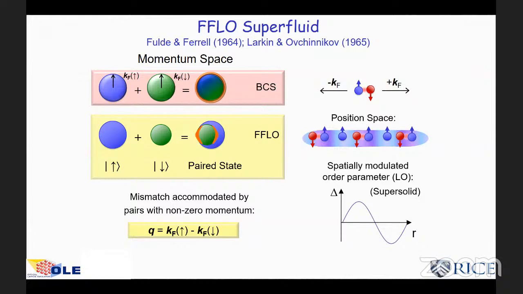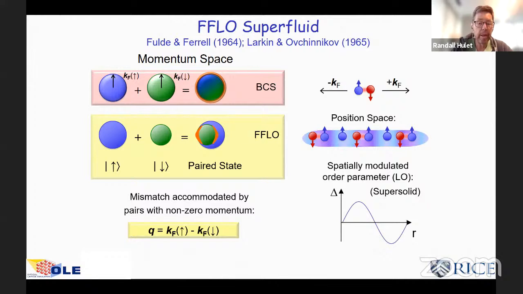Yeah, so it depends on whether we're talking about an electronic superconductor or a cold atom experiment. If it's a cold atom experiment, we can adjust Q by adjusting the number of spins that are up and the number of spins that are down, and we do that by hand. So we have some mechanism of making a spin polarized gas.